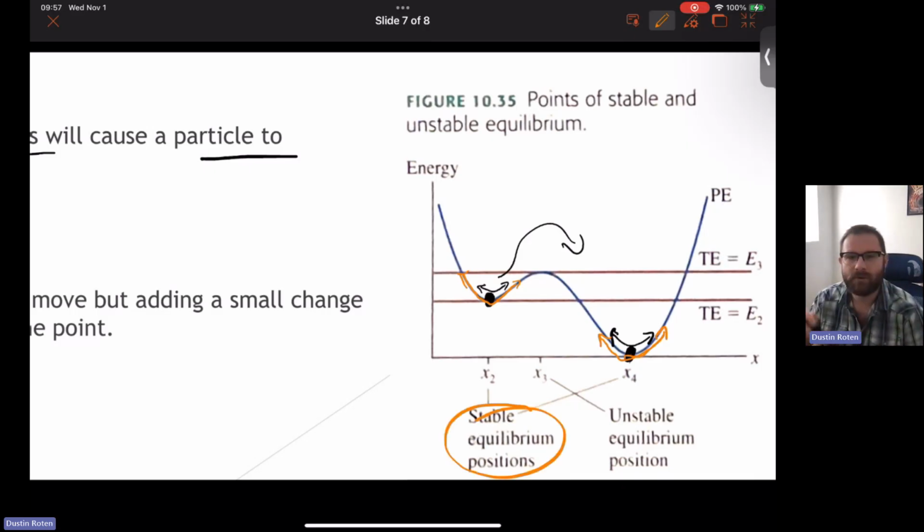Now you can imagine for x3, this is an unstable equilibrium, which means, and it kind of makes sense with the picture, if you were to put a particle right there and you give it any sort of push whatsoever, you're going to lose it. It's going to want to take off on you, and it's going to speed up. Remember, as this particle moves in either direction, we're going to gain kinetic energy.